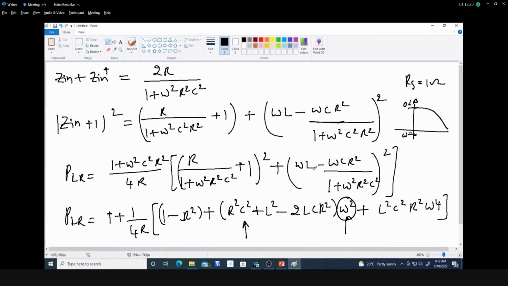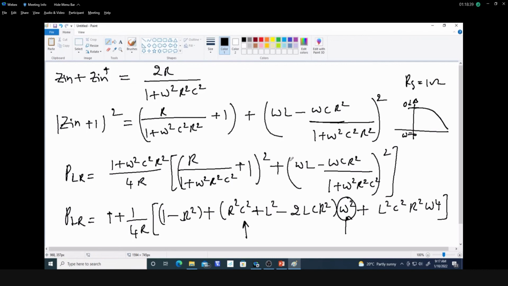To get that, in addition the coefficient of ω² must vanish. Only then will we get exactly this at ω equal to 0.